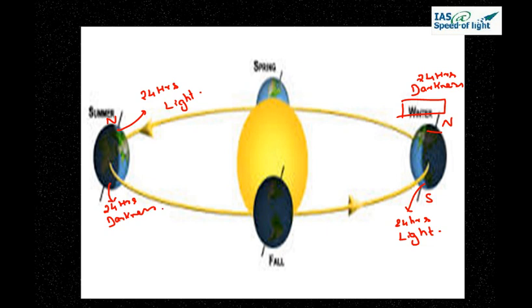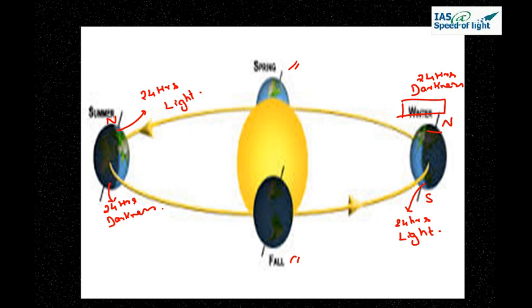While these two, spring and fall, that is the vernal equinox and the autumn equinox, are making 12 hours day and 12 hours night, no matter where you are on the earth's surface. Right? So these become the important points during the earth's revolution.